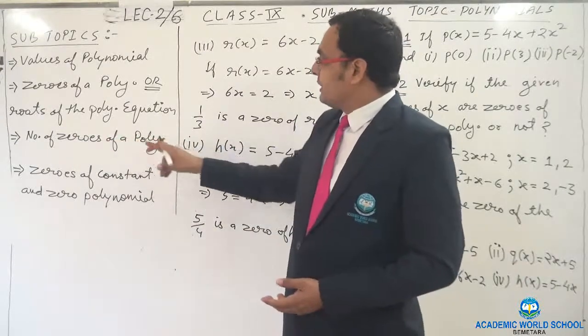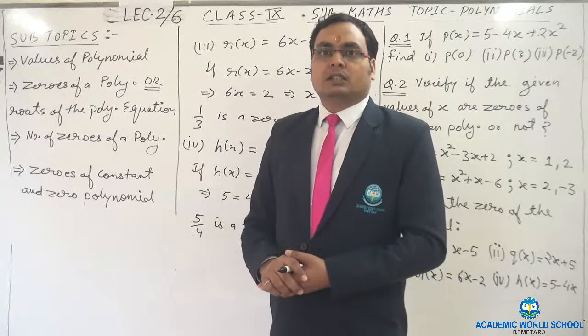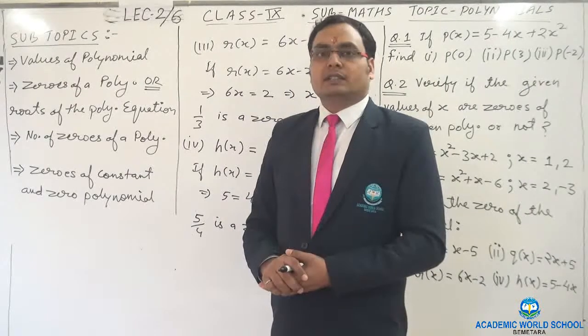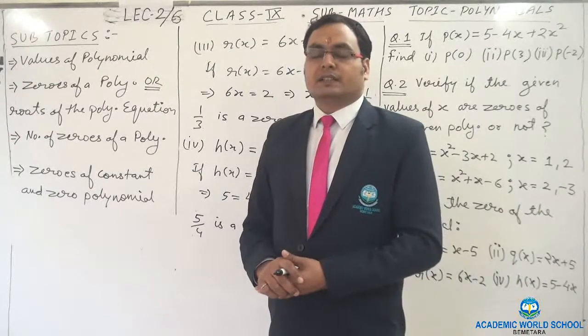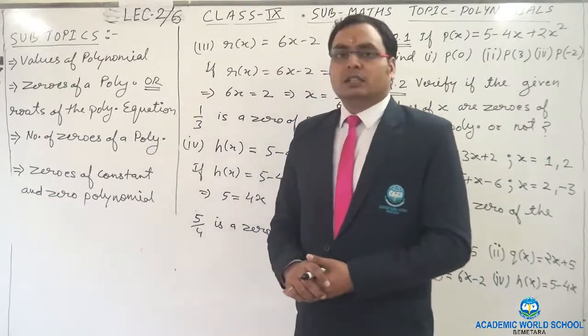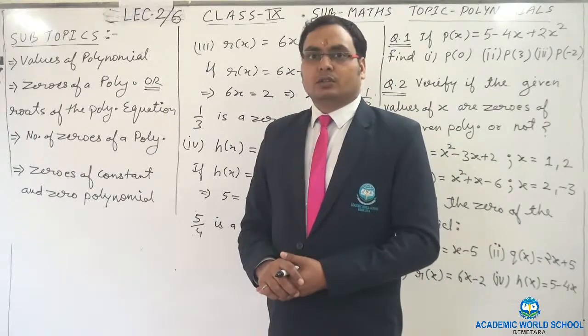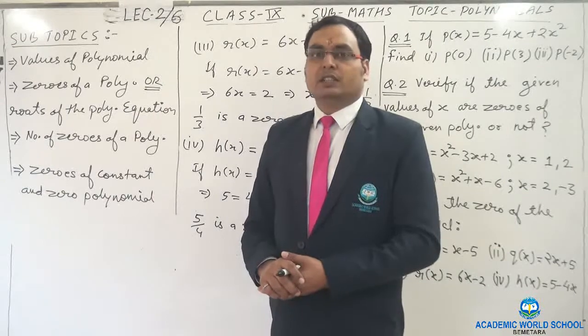Next topic is number of zeros of a polynomial. Number of zeros of a polynomial is always equal to or less than its degree. If a polynomial is constant polynomial, then the degree is 0, so it does not have any zero.